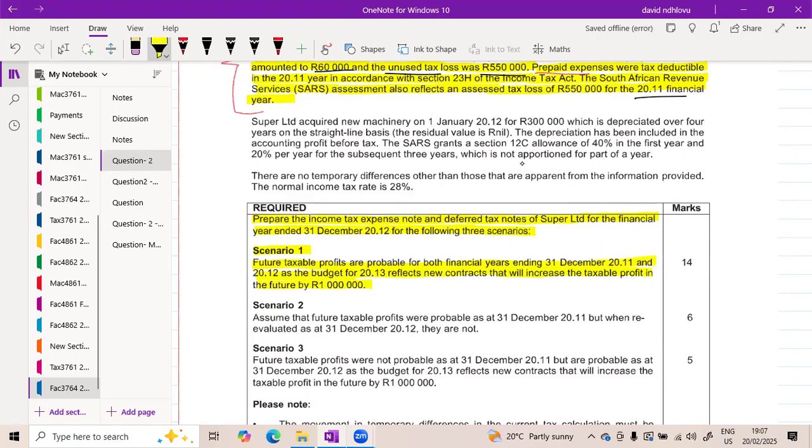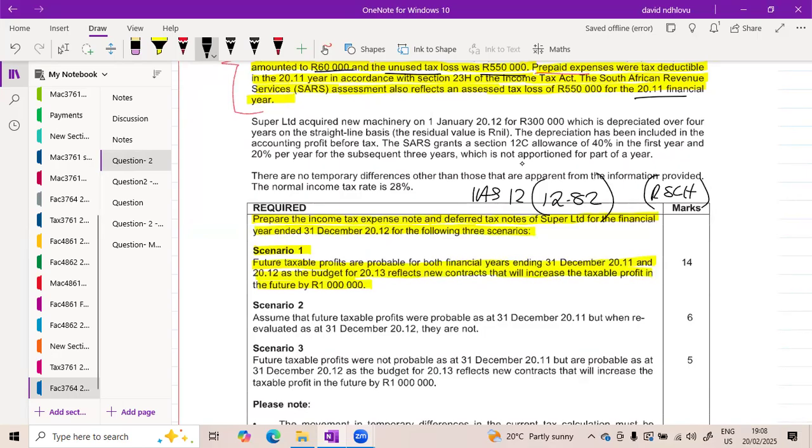So you have to look at section 12.82 of International Accounting Standard number 12. Please go and read this part, 12.82. Do a bit of research there, just to get the wording, but I will explain what the standard is saying.